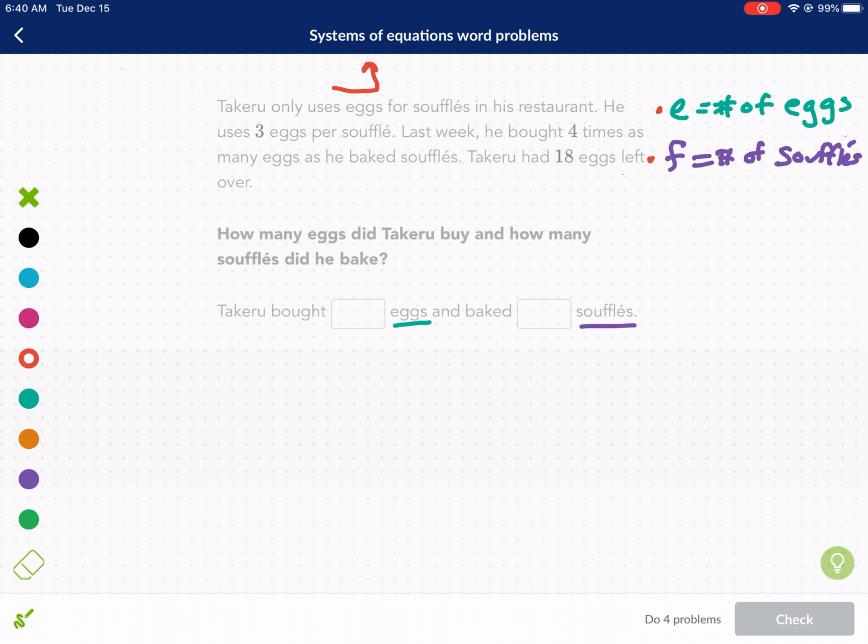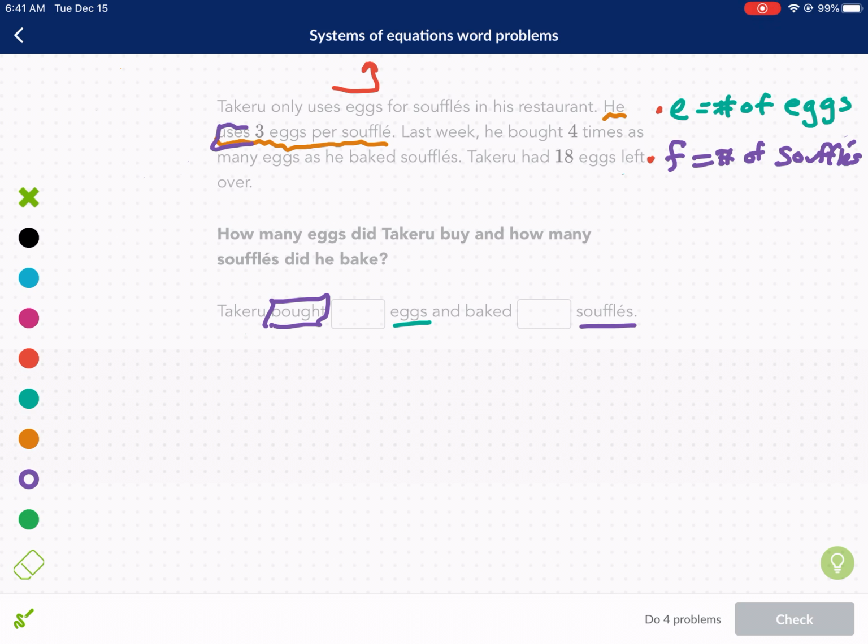Now, he uses 3 eggs per souffle. That's a piece of information, but this isn't the whole information. We're going to be using this later, but that's not a whole piece of information that we need for an equation, because we need to know how many eggs we bought so we can use those eggs. Because it's asking for bought eggs, not used eggs. That's very clear.